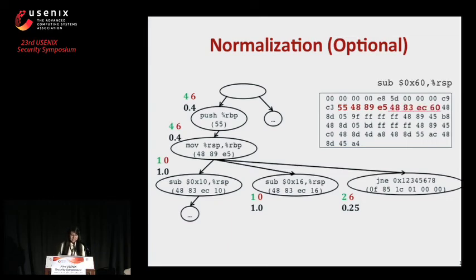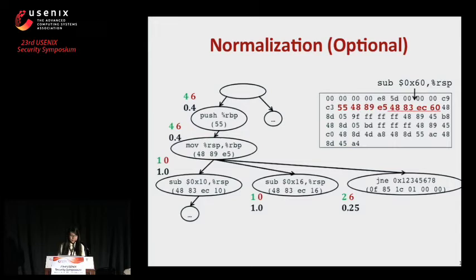Interestingly, if we disassemble one more instruction of the first hex 55, we can get sub hex 60 to register RSP, which is very similar to the next node of the tree. All of them are doing stack offset subtraction. In general, the actual value of offset is not important because different functions can have different stack sizes.